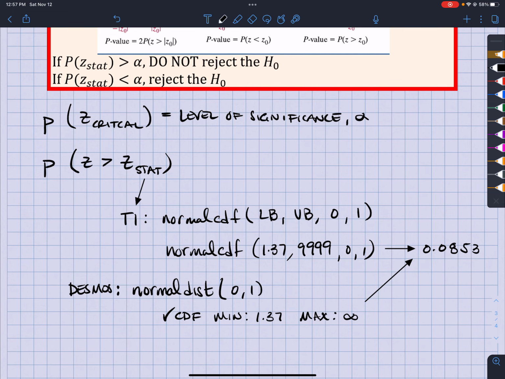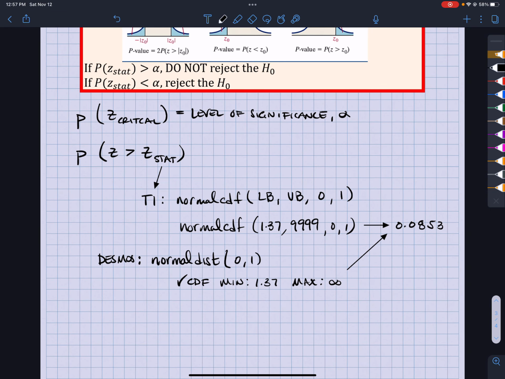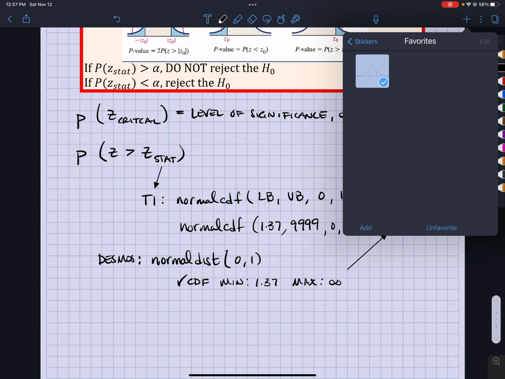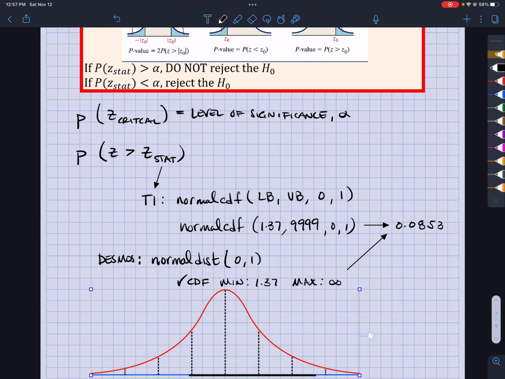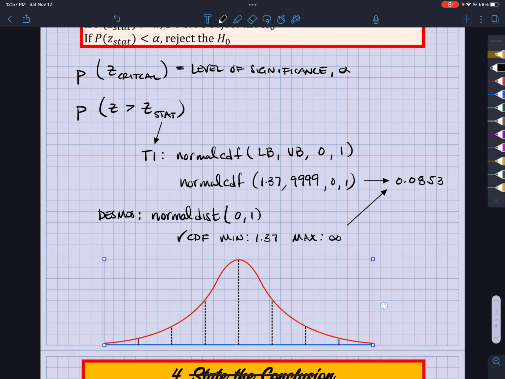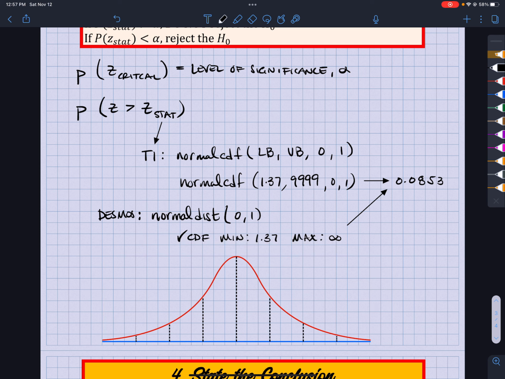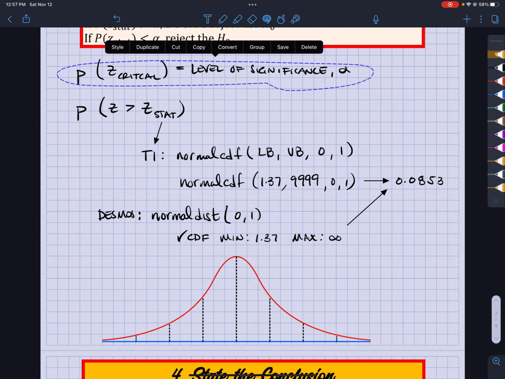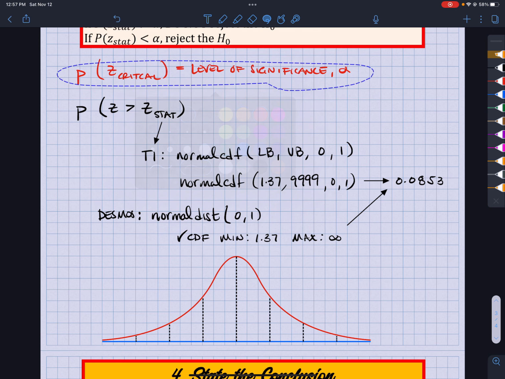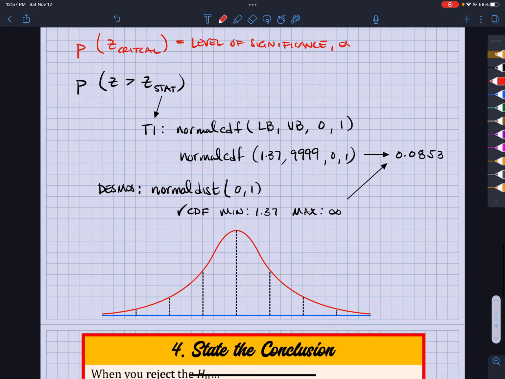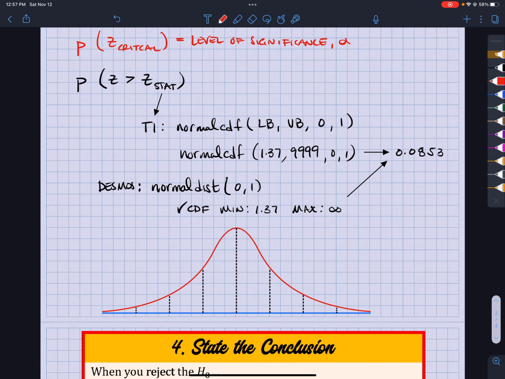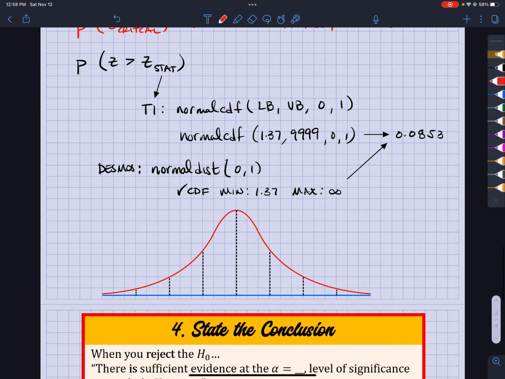All this is saying is, if I look at the level of significance here, alpha was 0.05, right? So alpha was equal to 0.05. That represented 1.645, which is right here.